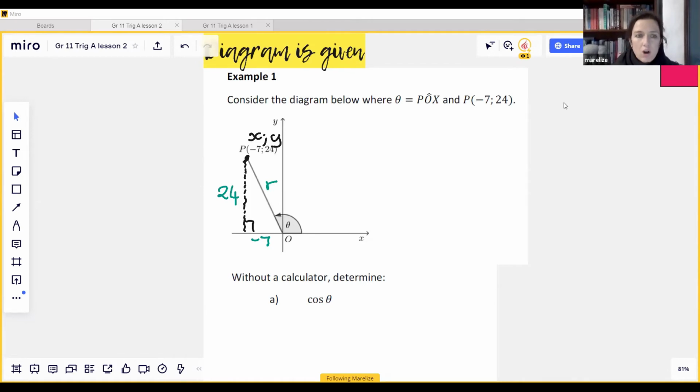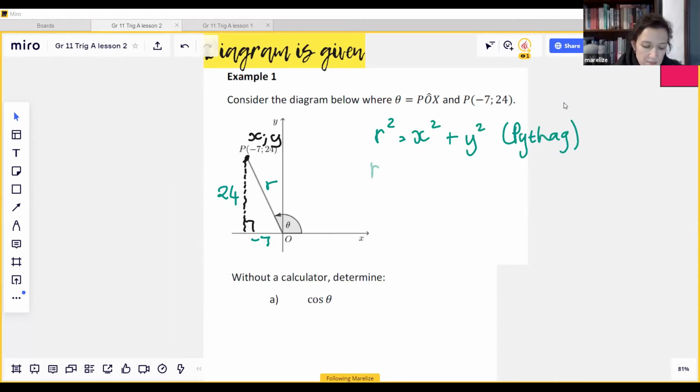We don't have r in this instance, so we need to calculate it. We need it because we need to do sine, cos, and tan on the Cartesian plane. So how are we going to calculate r? Well, r is the hypotenuse, and because it's a right-angled triangle, you can use Pythagoras. So r squared is going to be x squared plus y squared, simply because of Pythagoras.